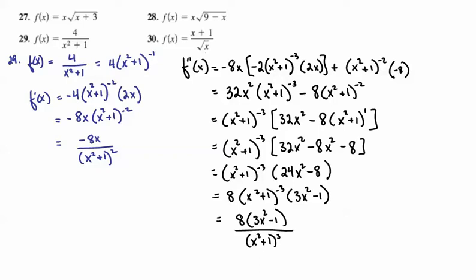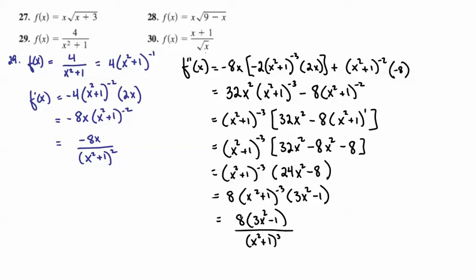Instead we want to solve. Now a rational function is 0 when its numerator is 0. It does not exist when its denominator is 0. In this case the denominator will always be greater than 0, so there's no problem with that.